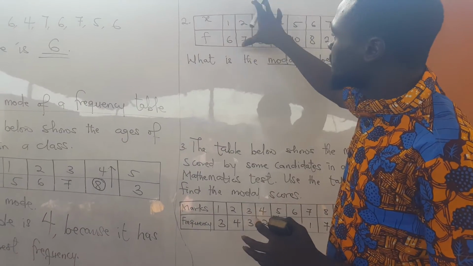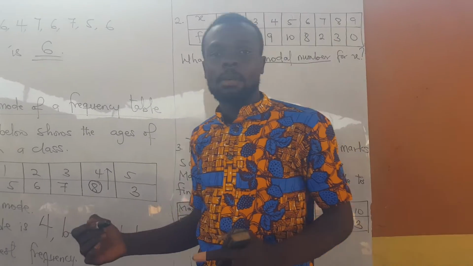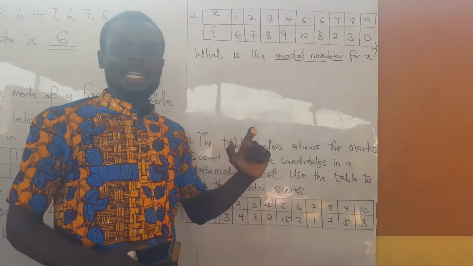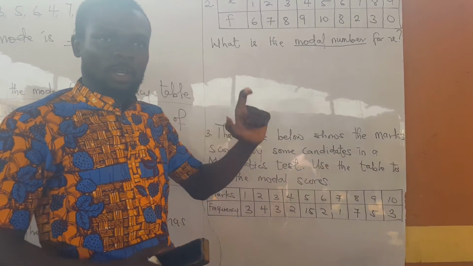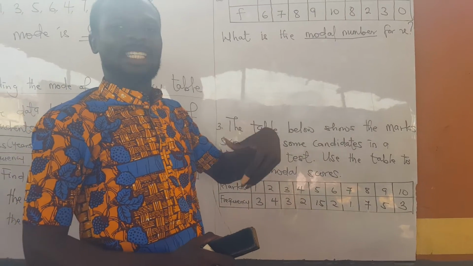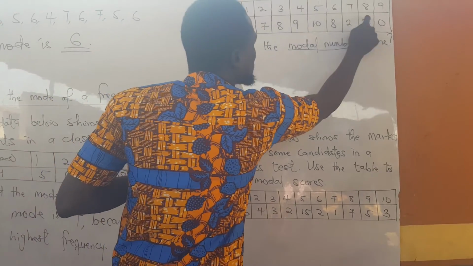So when you look at this frequency table, you are being asked to find the modal number or the mode. Now, if you are finding the mode of a frequency table, concentrate on the frequency values. These are the frequency values.